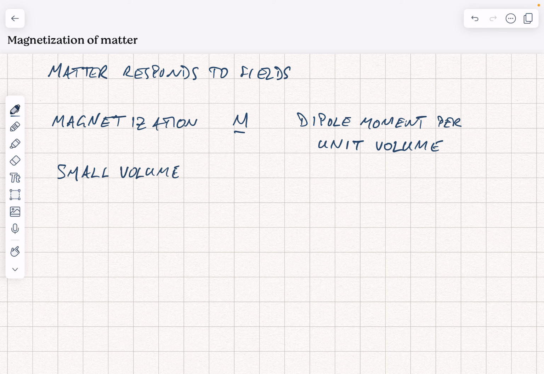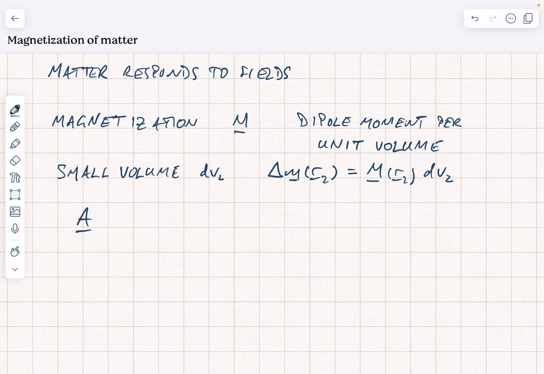So let's consider a small volume of material. It's going to have a small volume, let's say dV2, and then it will have a small magnetic dipole moment, delta M. It'll be at a position R2, and delta M will be given by M, the magnetization at the position R2, multiplied by dV2.